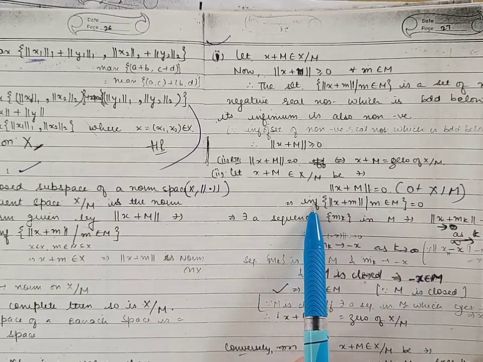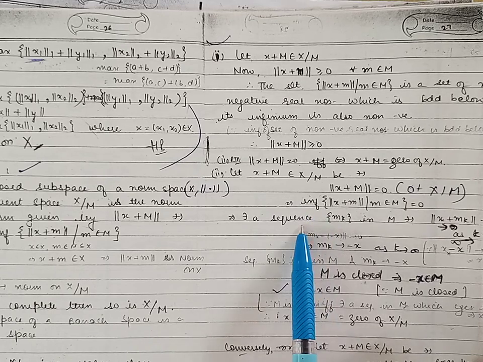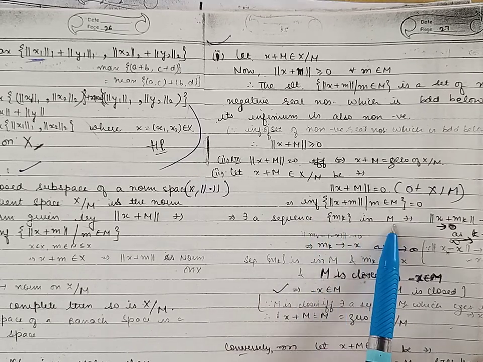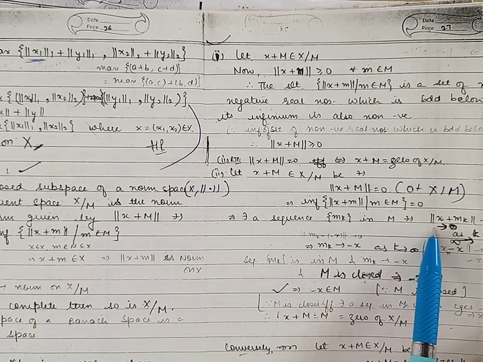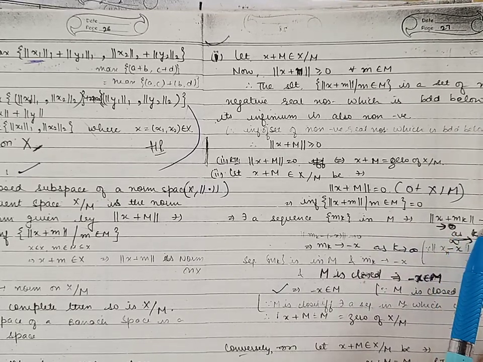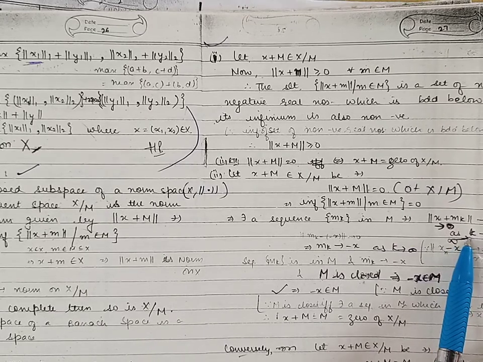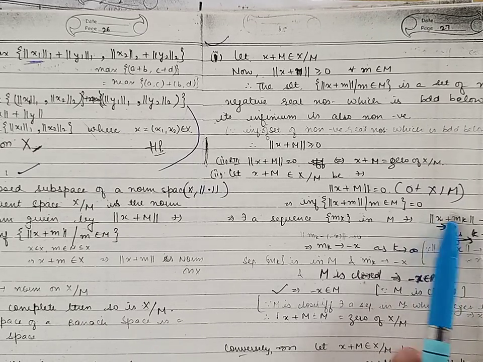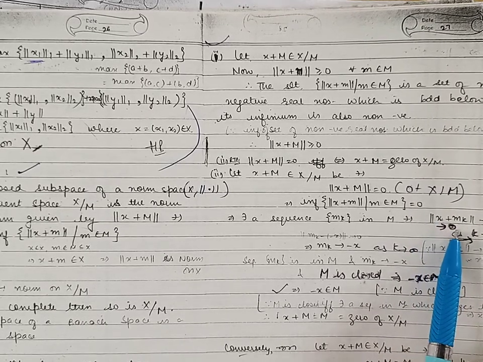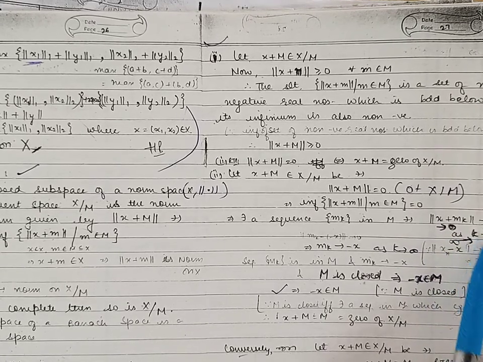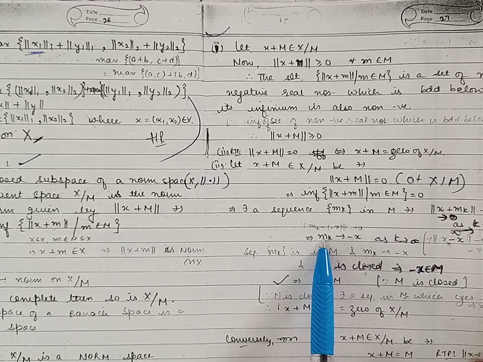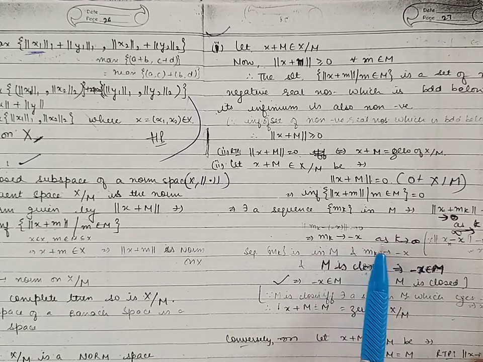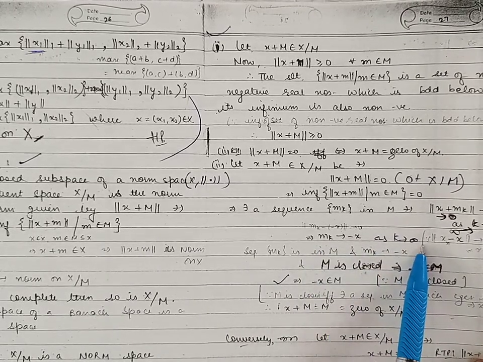Now by definition, it means there exists a sequence m_k in the closed subspace M such that the norm of x plus m_k approaches 0 as k approaches infinity. Now because this norm approaches 0, it means x plus m_k approaches 0 as k approaches infinity. Or we can say that m_k approaches minus x as k approaches infinity.